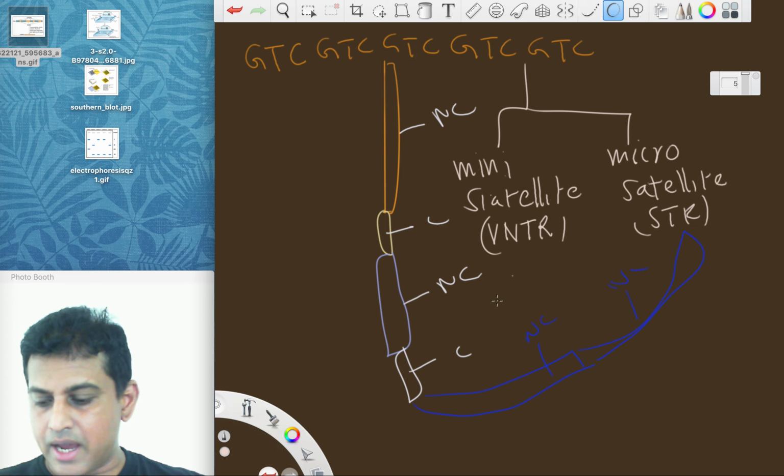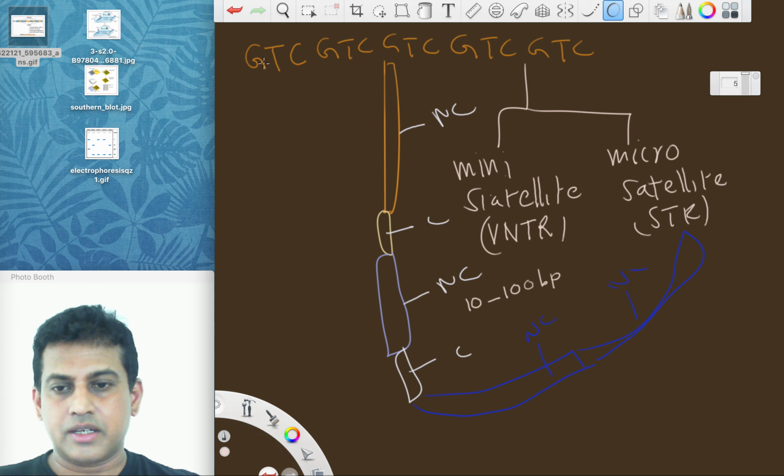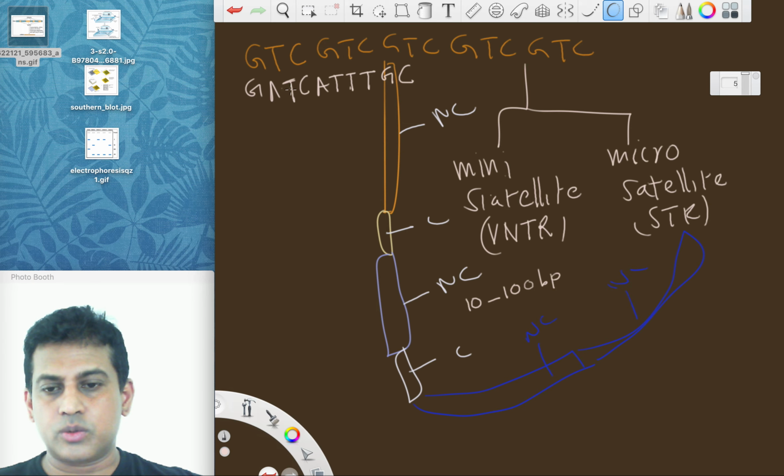Now mini satellites, they could have a 10 to 100 base pairs like this. Just I draw a sequence like this, minimum 10: G, A, T, C, A, T, T, T, G, C, 1, 2, 3, 4, 5, 6, 7, 8, 9, 10.